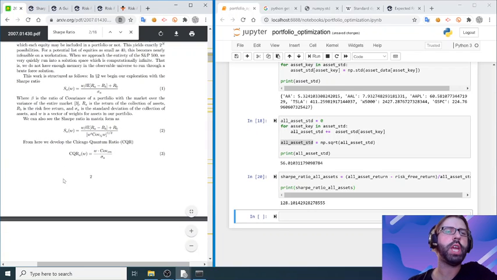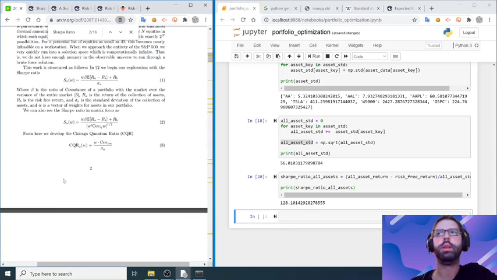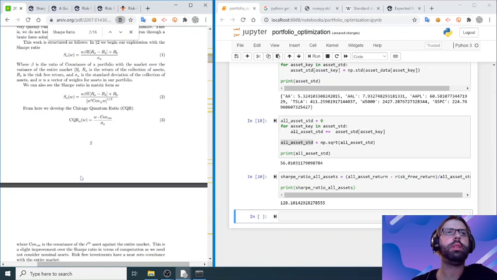Okay, what's the Treynor ratio then? Is the covariance, where covariance iM is the covariance of the ith asset against the entire market.